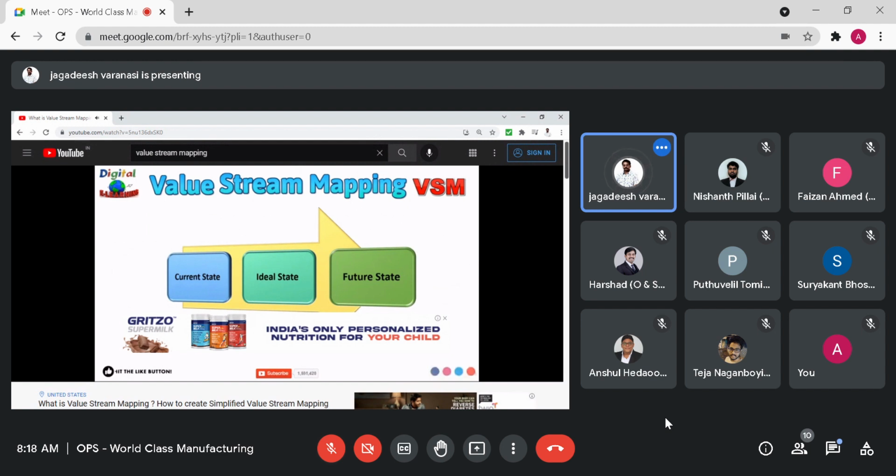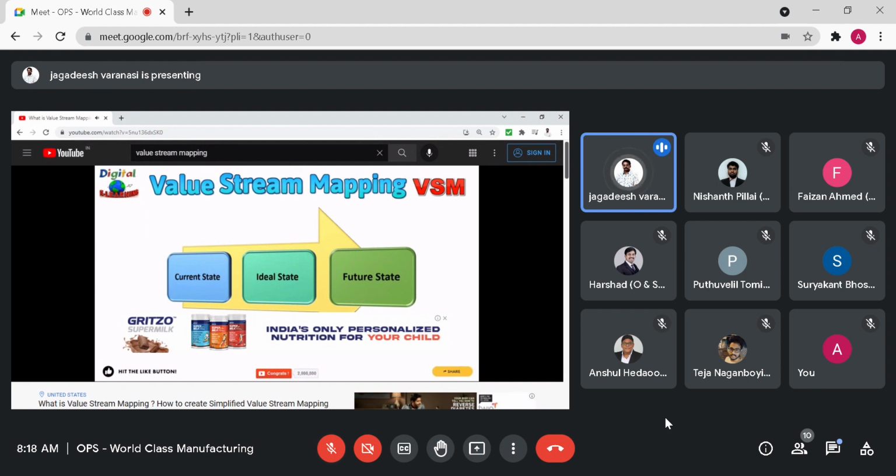To create a current state map, collect the data and information by walking the flow and interviewing the people who perform the task. This is beneficial for two reasons. The team will have an opportunity to see the entire process and look for waste.